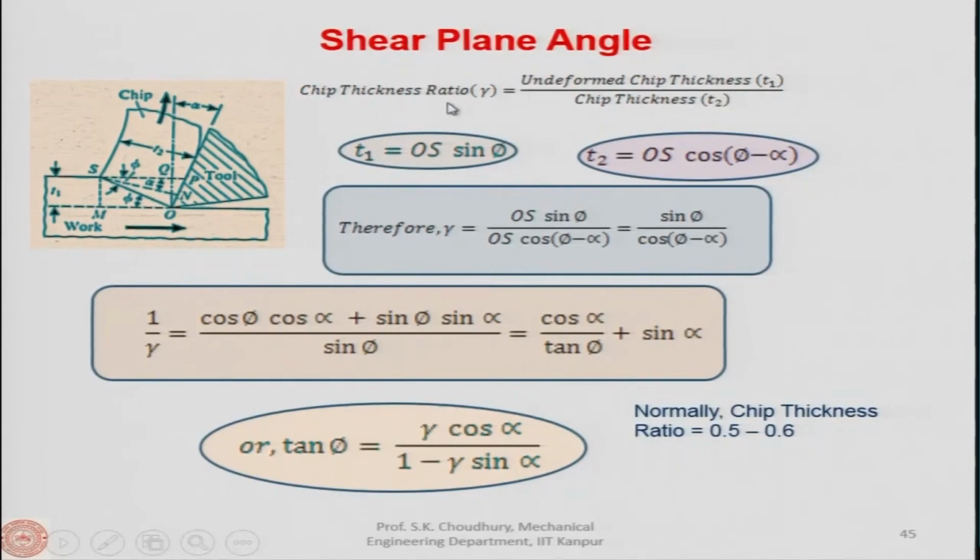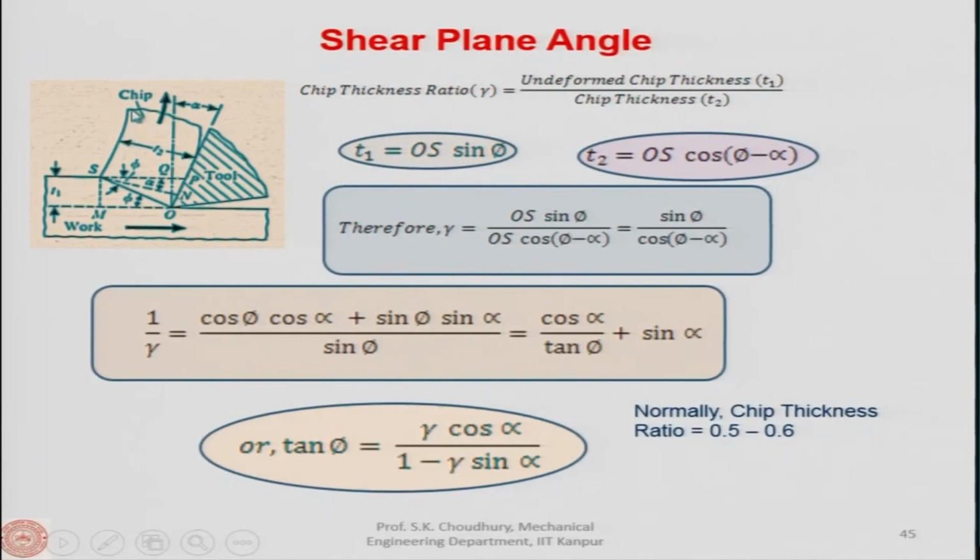If you see this, there is a concept of chip thickness ratio. Chip thickness ratio can be found from the ratio of T1 and T2. T1 is the undeformed thickness, I already told you. T2 is the chip thickness, which can be found from the chip itself.